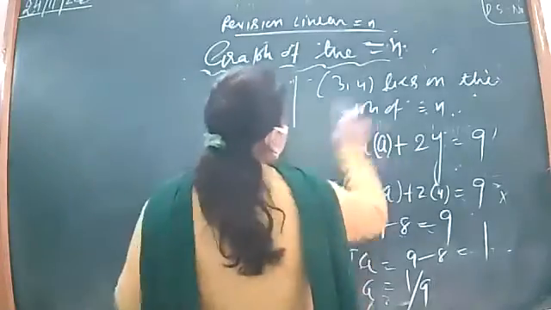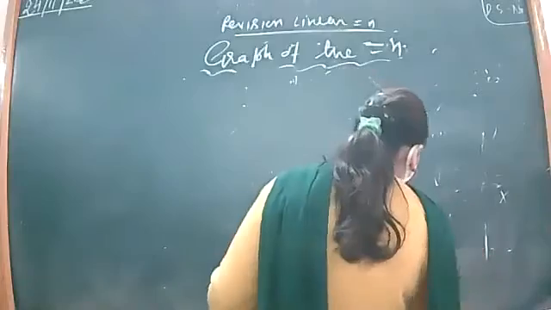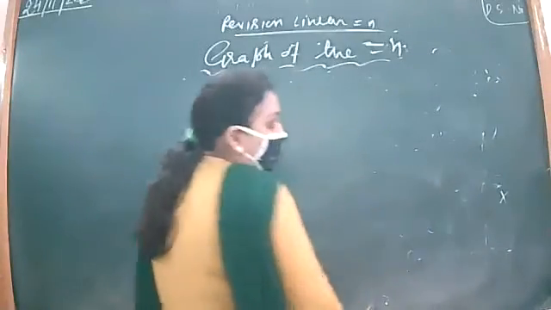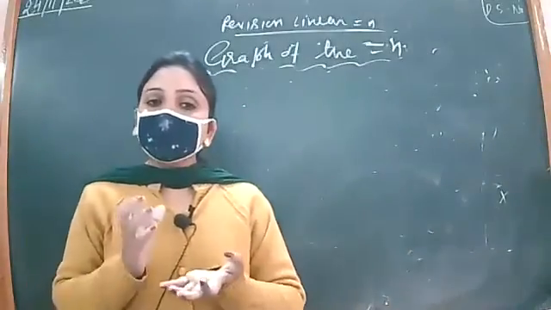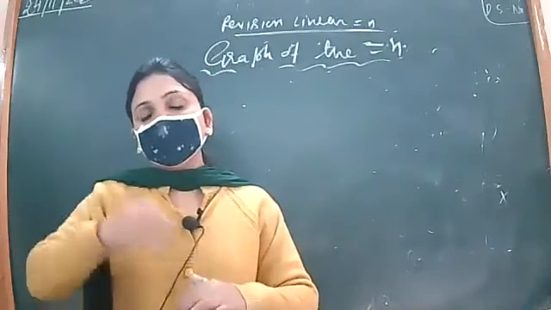Chaliye. While there are questions in which you need to frame an equation, you have to keep one thing in mind, that you are doing linear equations in two variables. So don't take it on the side of one variable.